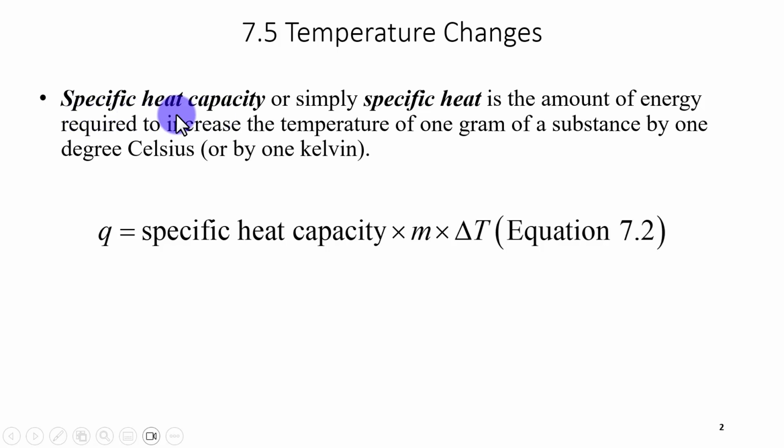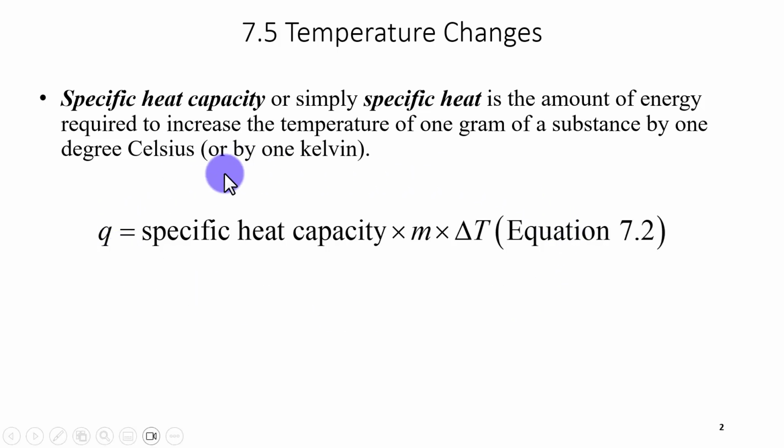And every substance has a specific heat capacity that is unique to them, and that depends on the type of molecule they are. What is a specific heat capacity? That is the amount of energy that is required to increase the temperature of 1 gram of that substance by 1 degree Celsius, or Kelvin, which is the same thing.